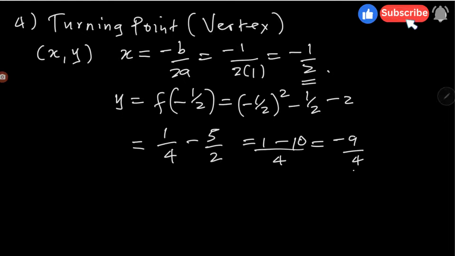So this turning point will be x, which is minus 1 over 2, comma y, which is minus 9 over 4. That will be our turning point.